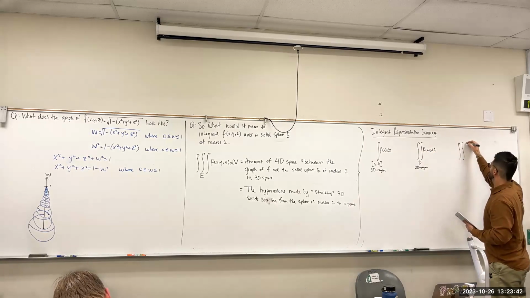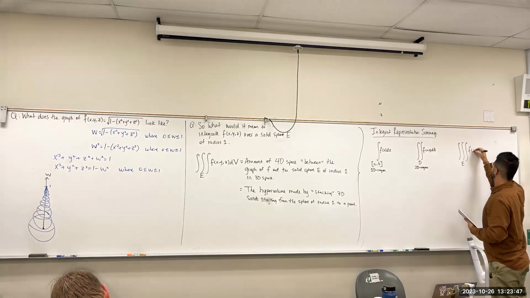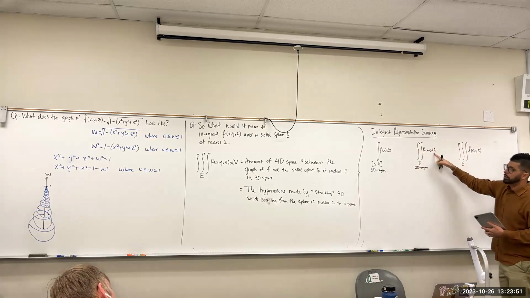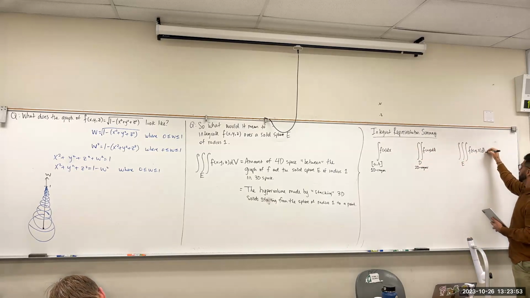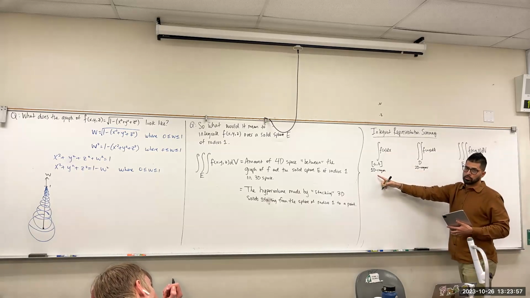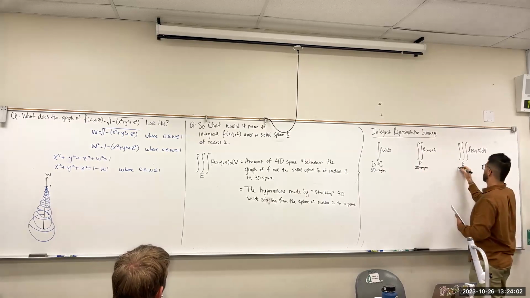We're going to define in a little bit what this is. You're going to integrate a function of three variables: distance, area, volume. And now you're integrating over something one-dimensional. Here you integrated over something two-dimensional. So here we're going to have to integrate over something three-dimensional.